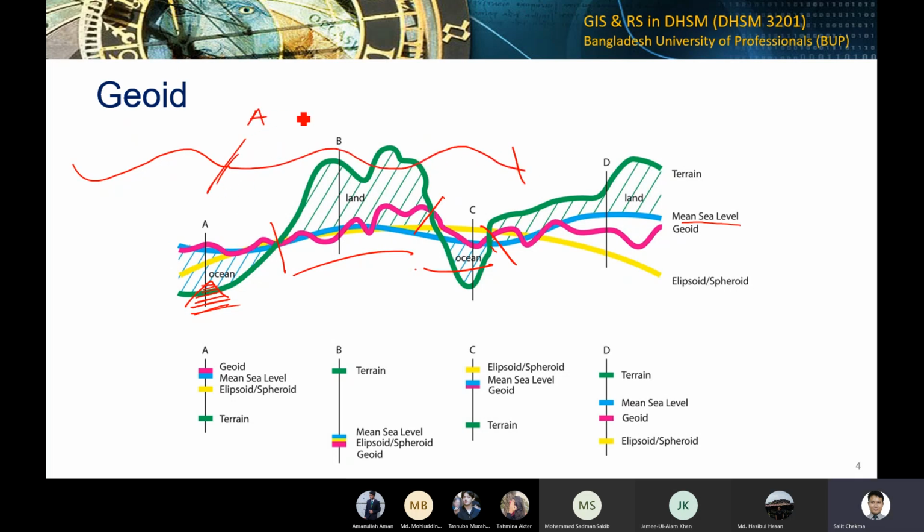So point A and point B, this is land, and this is sea. The sea is smooth, and based on this data, when you try to approximate the data on the land, you will find that it's going to be smooth. So that's why mean sea level is quite smooth here, the estimated mean sea level, whereas the geoid is quite rugged.